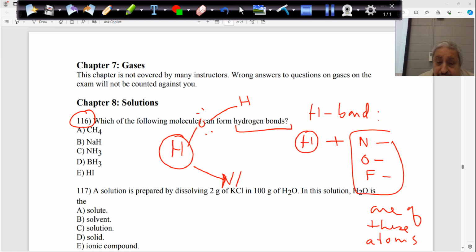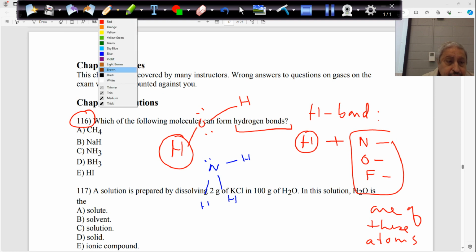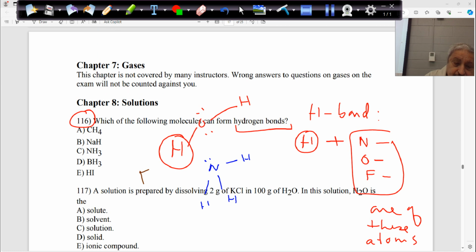With nitrogen, NH3. And it can make a bond with F, H, and with oxygen.